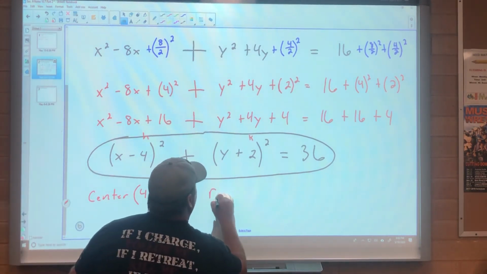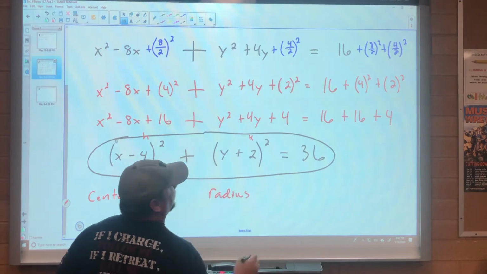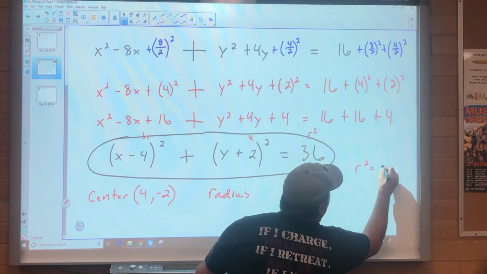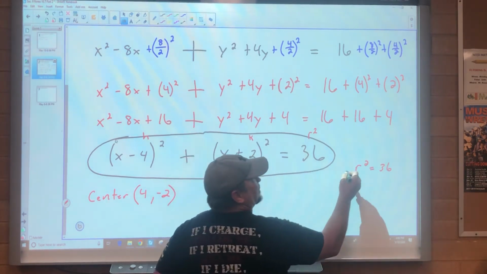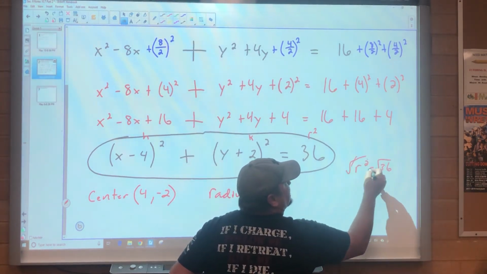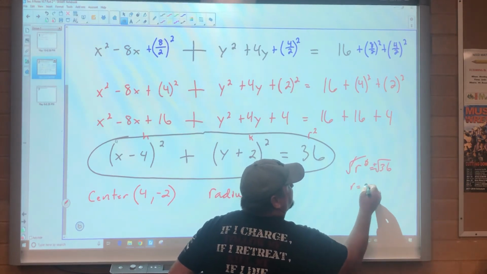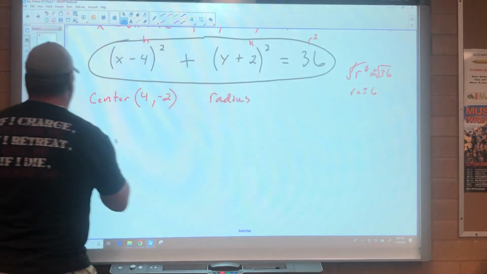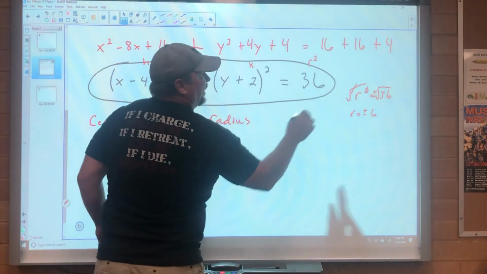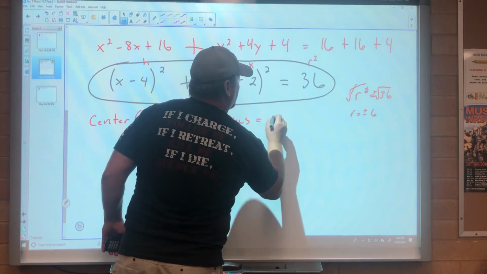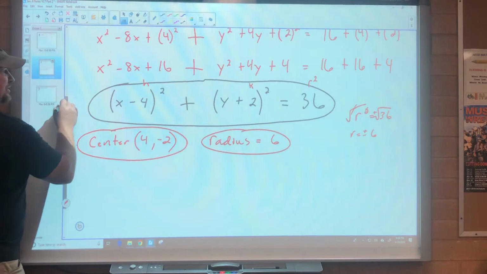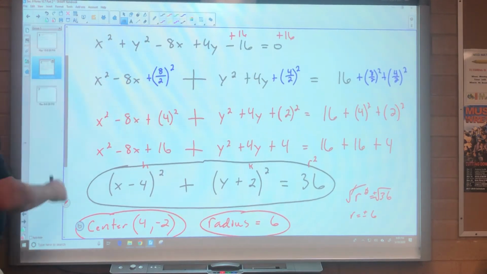And then our radius will be r squared, so we're going to go r squared equals 36. We're going to square root. Remember that's plus or minus. R equals plus or minus 6. So if you'll remember now, we throw away the negative and we keep the positive. That would be your answer to that problem, starting looking like that.